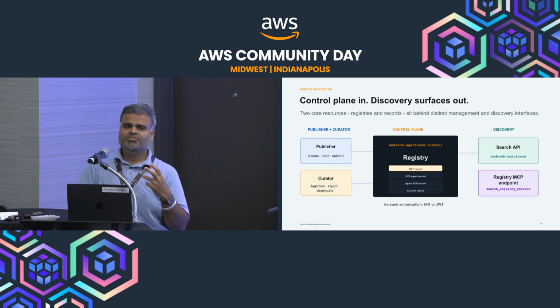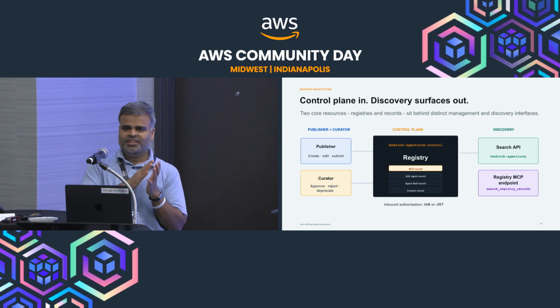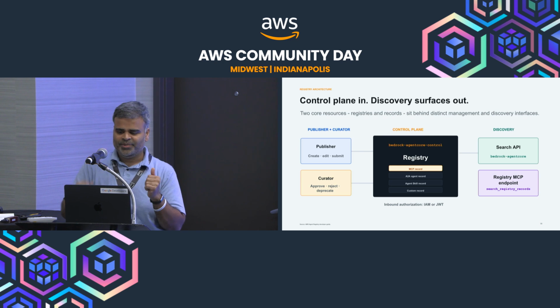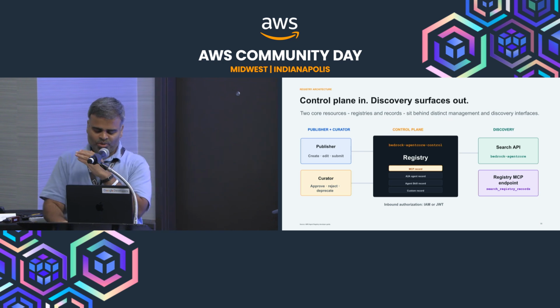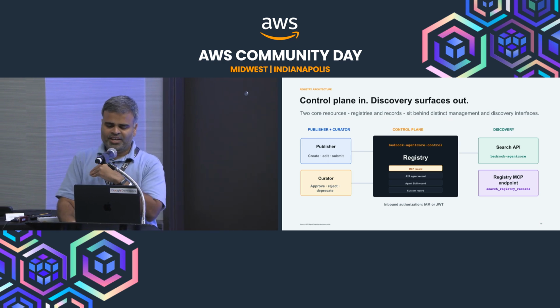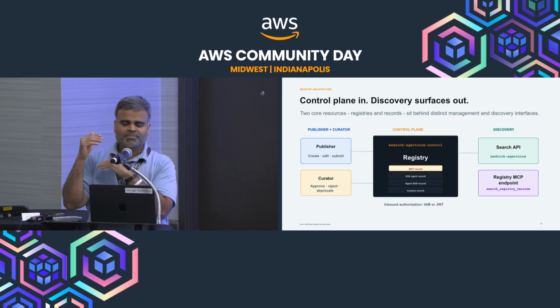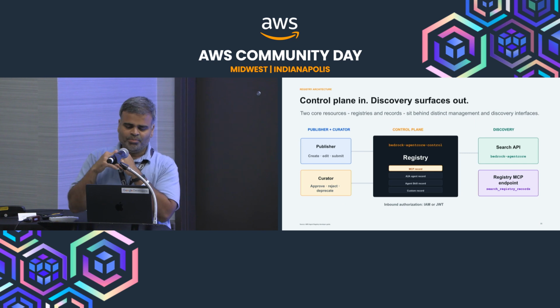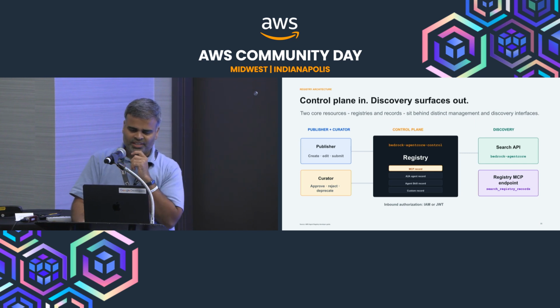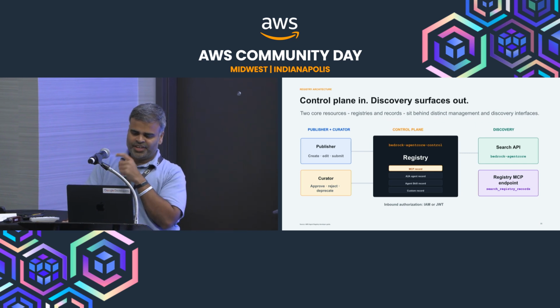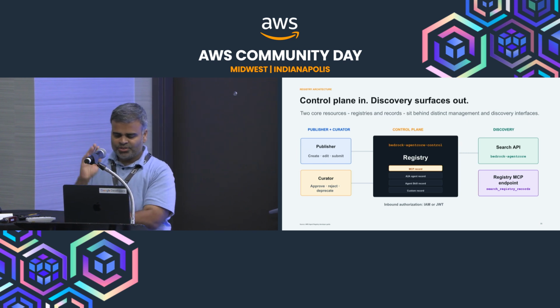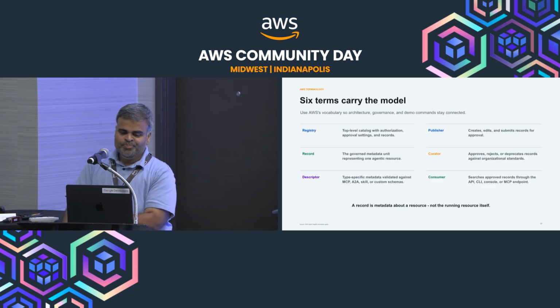A curator is more of an admin who is reviewing it, approving or denying it, and managing its state. These are exposed via a search API, and the registry itself is exposed as an MCP server. The registry supports four kinds of record types. We will go through those.